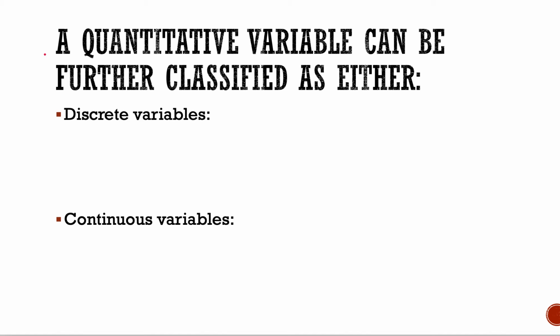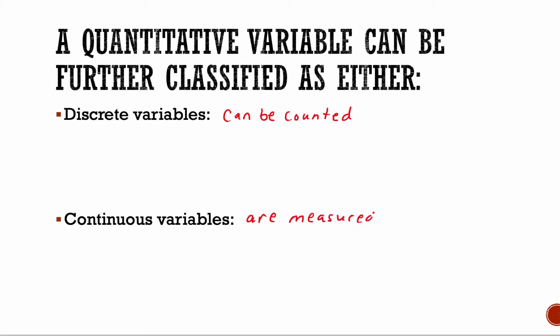Discrete variables are those that can be counted. And maybe you don't have to count them, but you can count them. Continuous variables are those that are measured, and they are most typically measured with some sort of instrument.